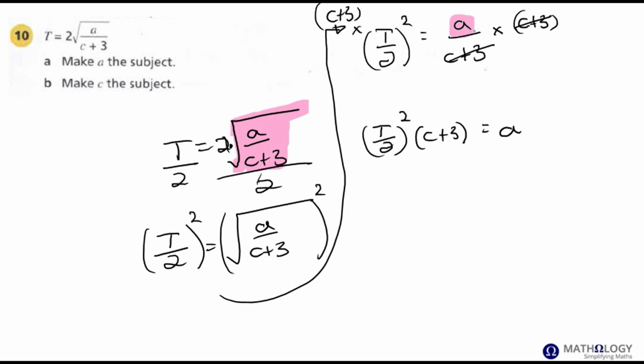You can leave it like this because everything on the left-hand side is a single term. We have a bracket, (t over 2) all squared, times another bracket, (c plus 3). This is the simplest form for a being the subject.